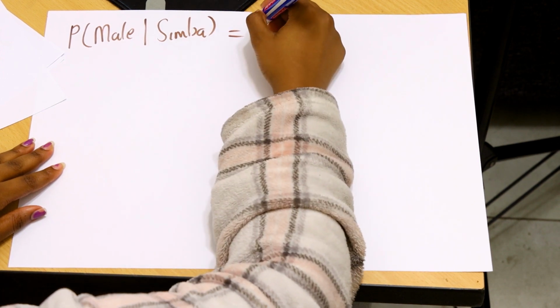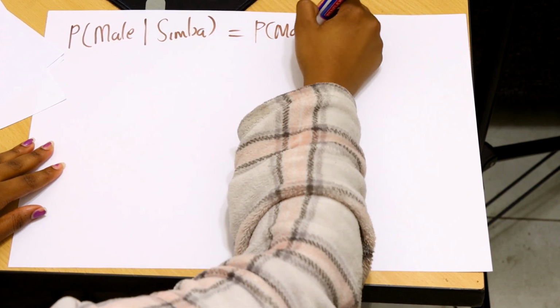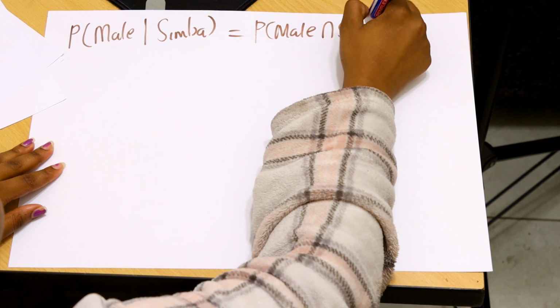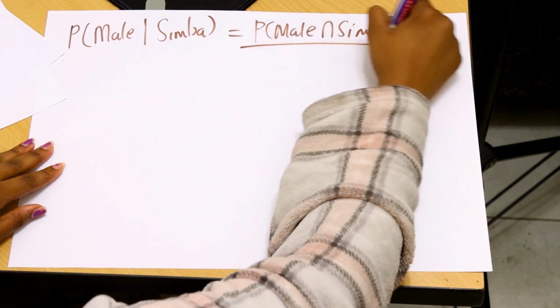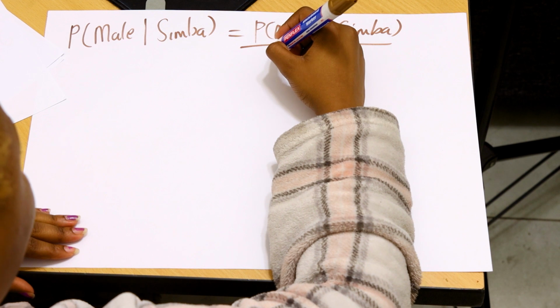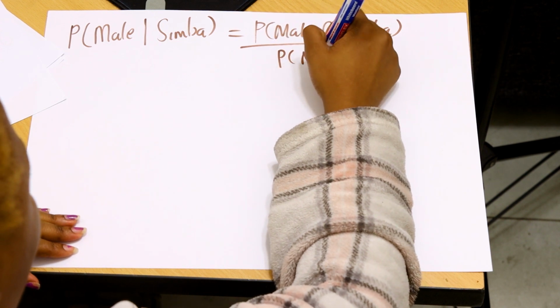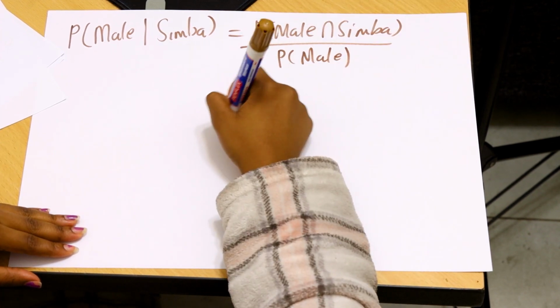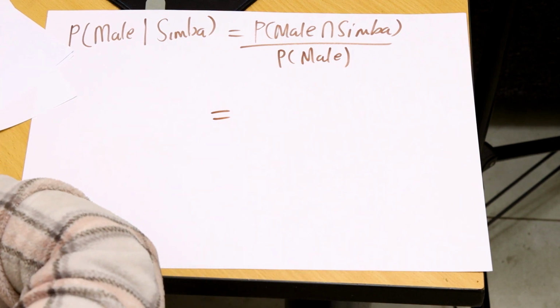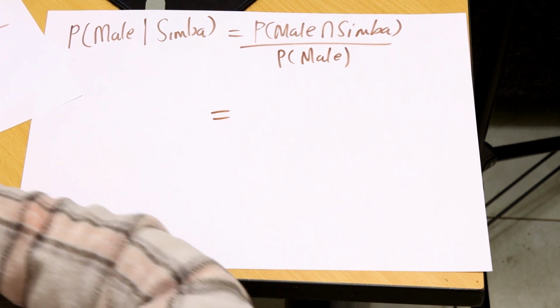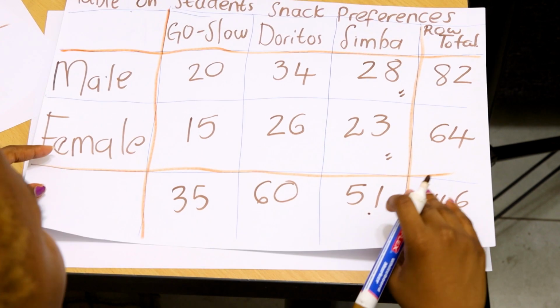So it will be the probability of male and Simba divided by the probability of Simba.